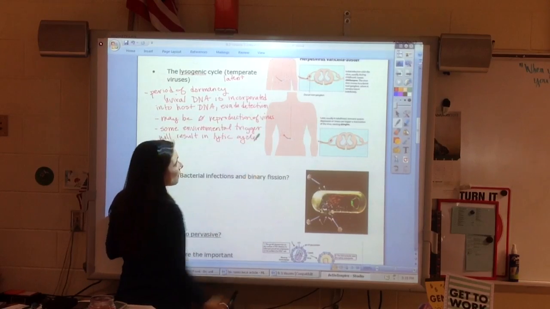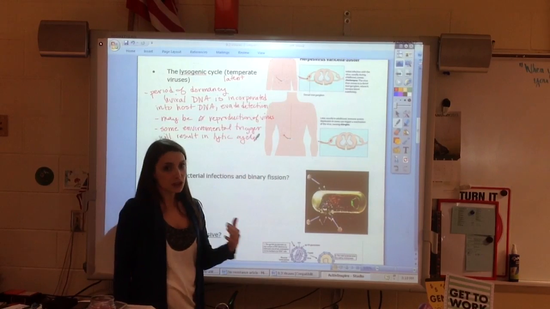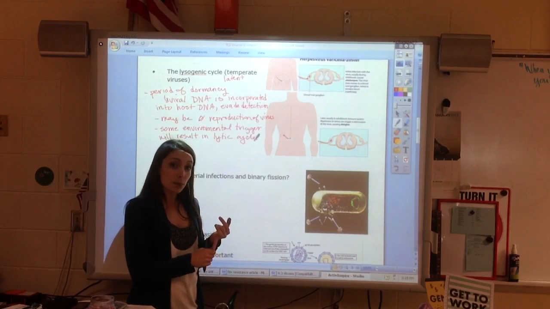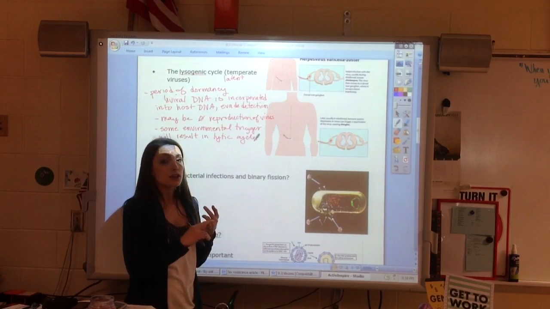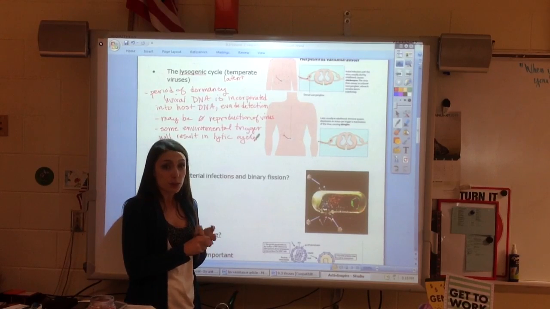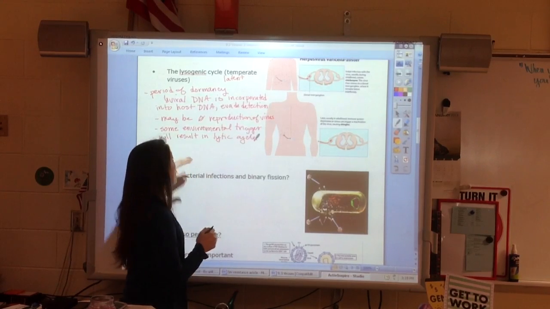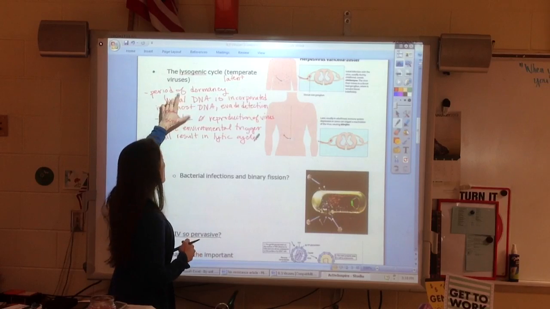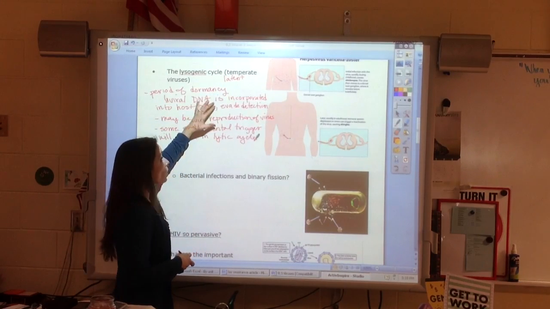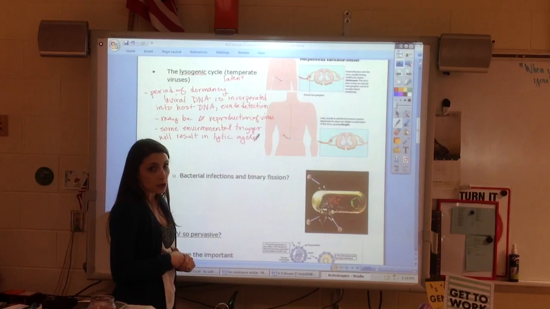So lysogenic viruses are going to eventually finish the Lytic cycle. They're going to reproduce, replicate their nucleic acid, they're going to swell and burst the host cell, and then they're going to start the process all over again. But lysogenic viruses have a temperate, a latent, a period of dormancy where they're actually incorporated into the host cell.